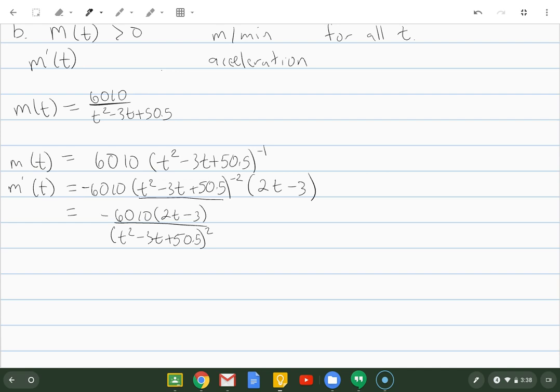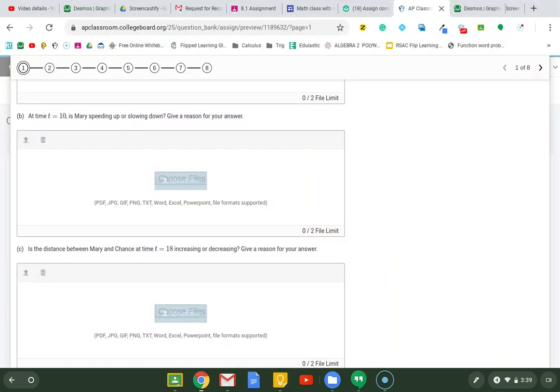Okay, so what we know for m prime of t is that this denominator is going to be positive, right? Because we know it's squared. So what we really have to do is just check the numerator to see if that's going to be positive or negative. So m prime of 10 is what we're looking at, because time is 10.